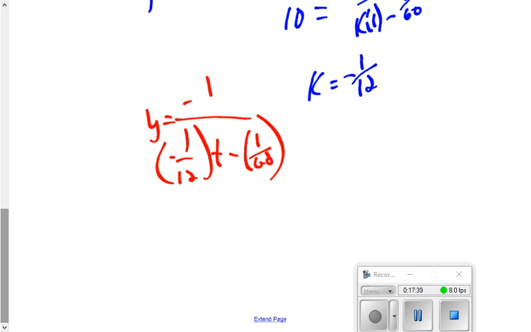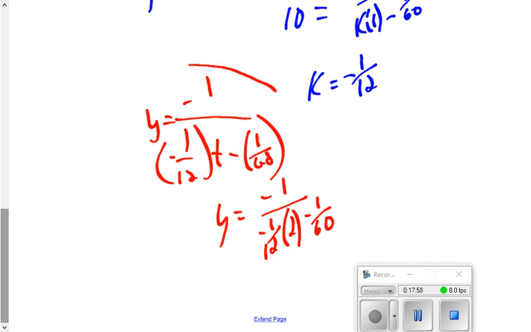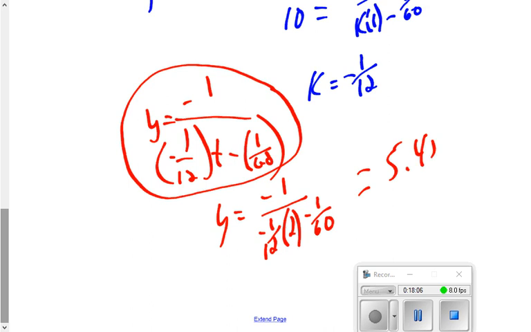So I'd say y equals negative 1 over negative 1/12 times 2 minus 1 over 60. I could simplify this whole thing first, or I could just plug that in. Either way, you're going to get 5.45 grams left.